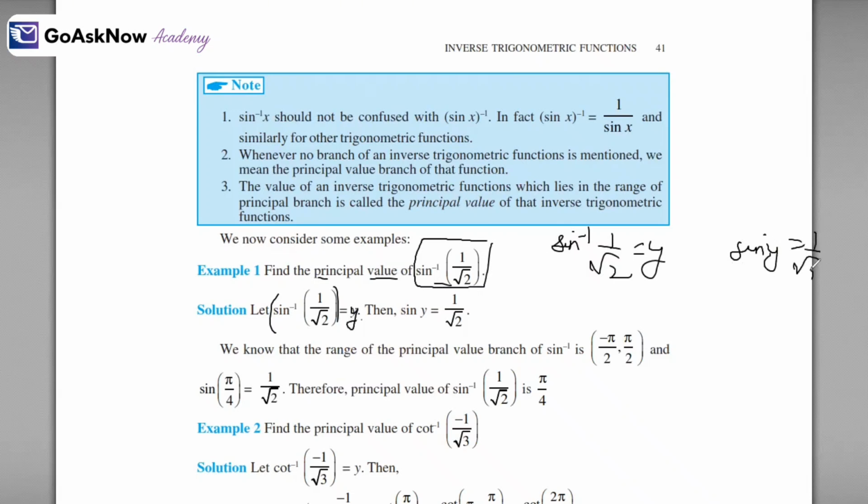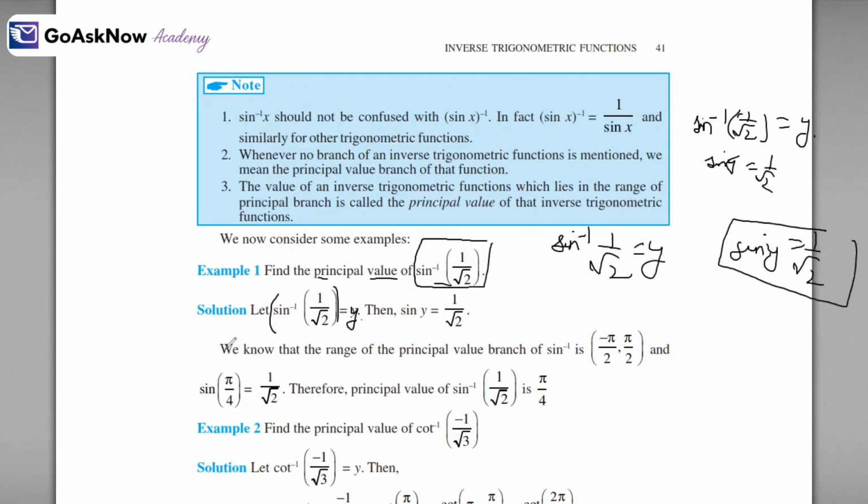Why? Because if we take the sine on both sides, sine y comes out equal to 1 by root 2. Any inverse trigonometric function gives you an angle only, so this y is an angle. It means that sine y must be equal to this value only. That is why we can write it like this: sine y equal to 1 by root 2.